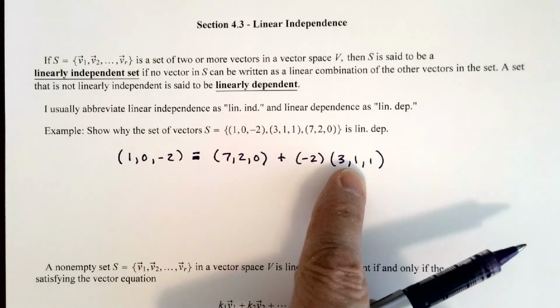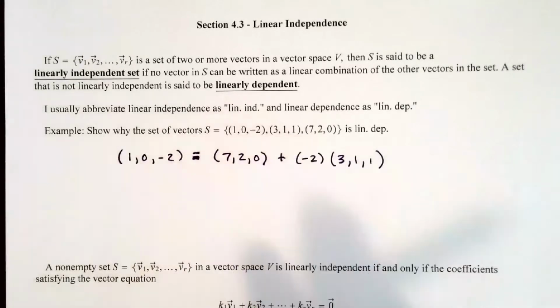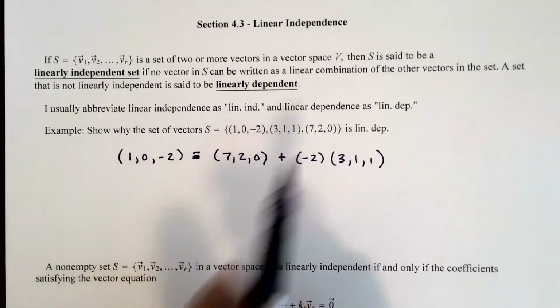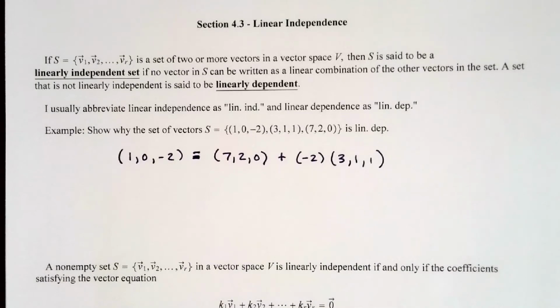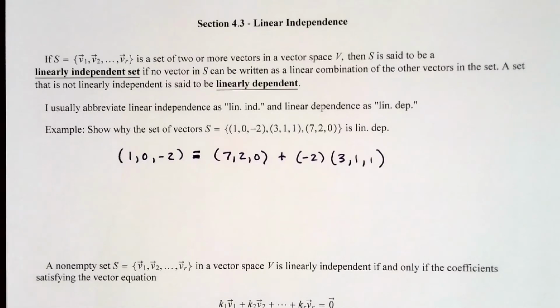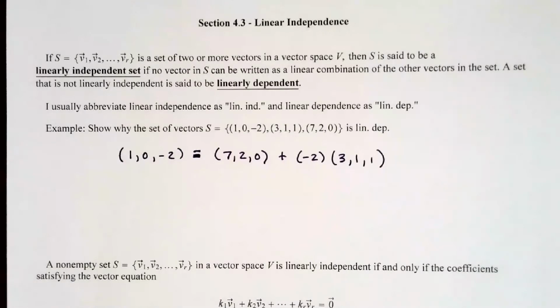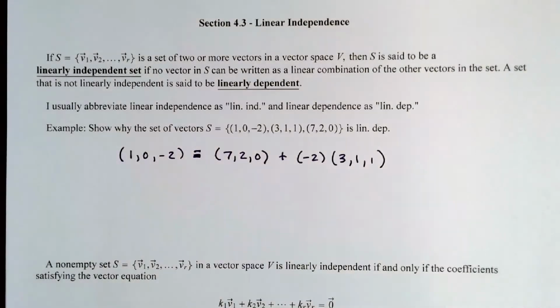And so each one of these vectors can be written as a linear combination of the others. They're dependent upon one another. If I change one of the vectors, that's going to affect the whole set, right? Because they're interconnected in a sense. If we can't do that, then does it make sense that they're linearly independent? Okay. Well, hopefully that gives you a little understanding of what we mean.